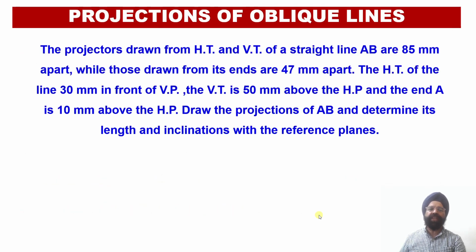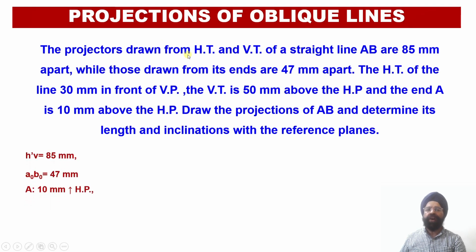Now let us read out the statement. Here we have been provided with a straight line AB, for which the projectors drawn from the horizontal trace and the vertical trace of the straight line are 85 millimeter apart.